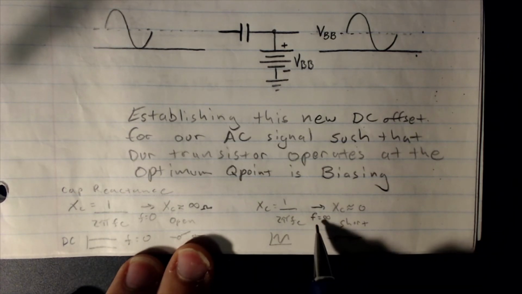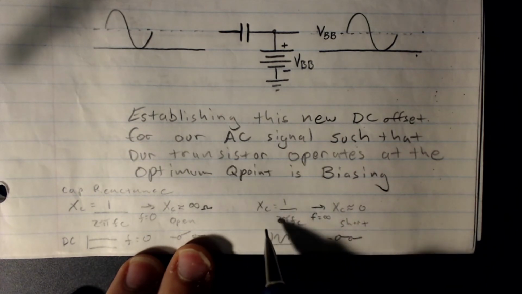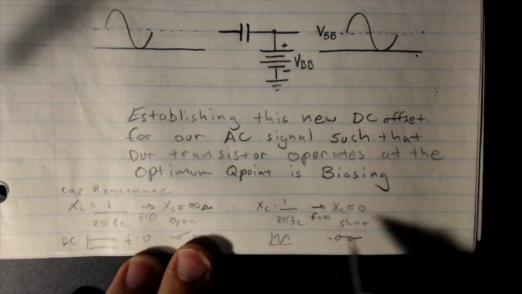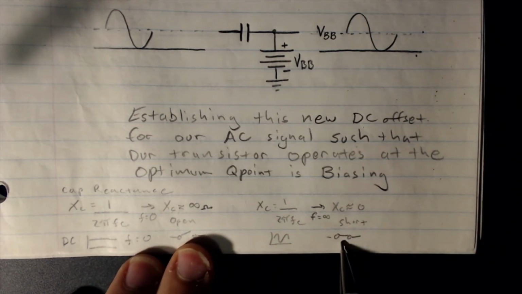But let's just say that our frequency for right now was infinite. Well, if you plug infinite into the frequency of the equation for capacitive reactance, you're going to get that the capacitive reactance goes to 0. In other words, it behaves like a short.